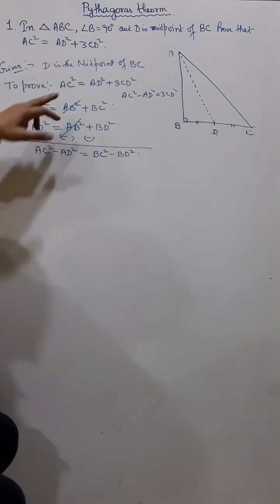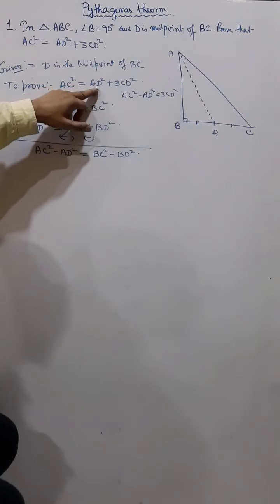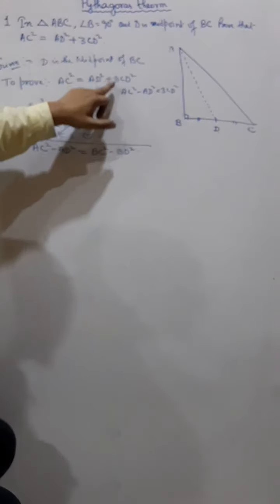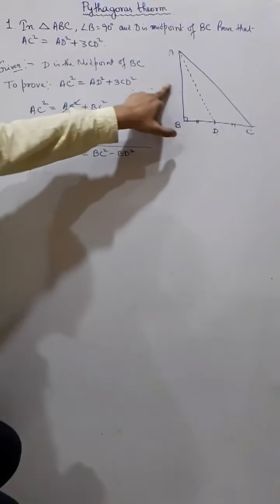We already got AC square and AD square, these two parts. Now the main thing is that we have to get 3CD square.